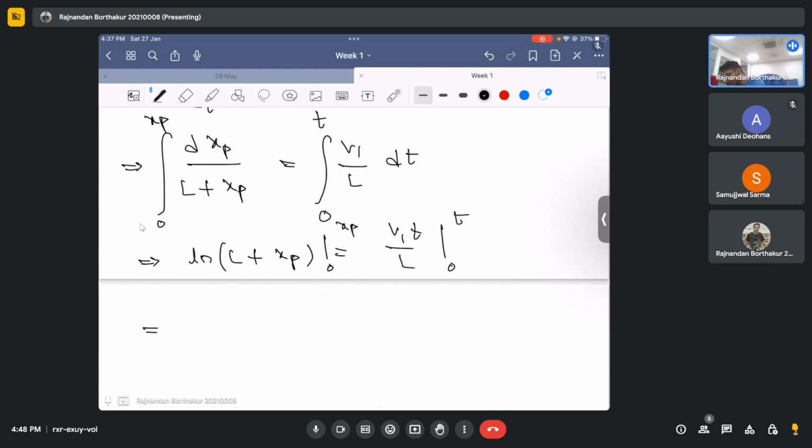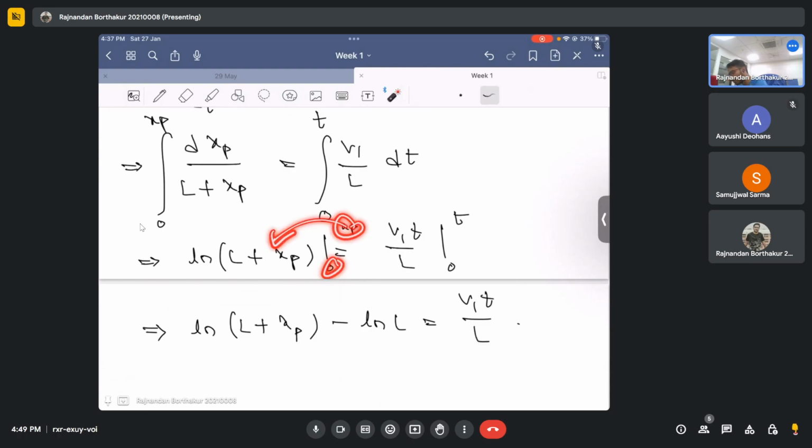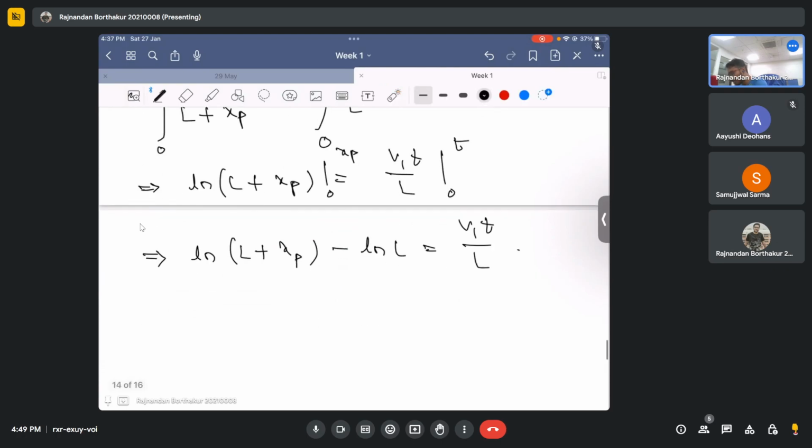If you put the limits, the first term becomes ln of (L plus xp) minus ln of L, and this becomes v1 t by L. Since ln a minus ln b is ln of a by b, this becomes ln of (L plus xp) by L, equal to v1 t by L.